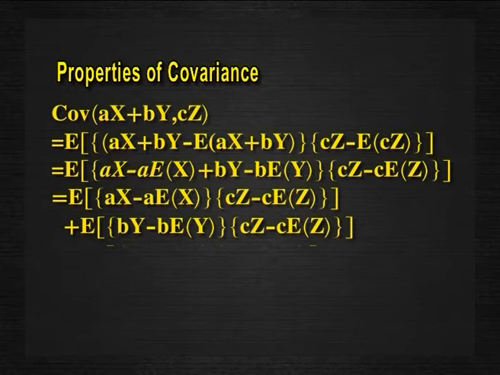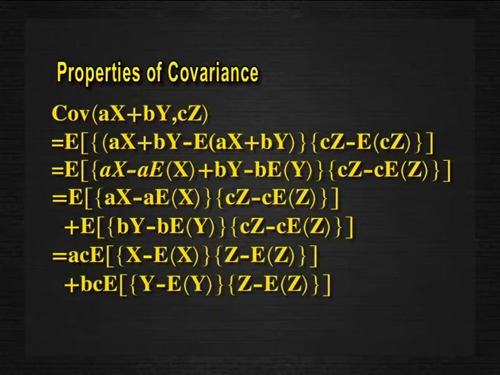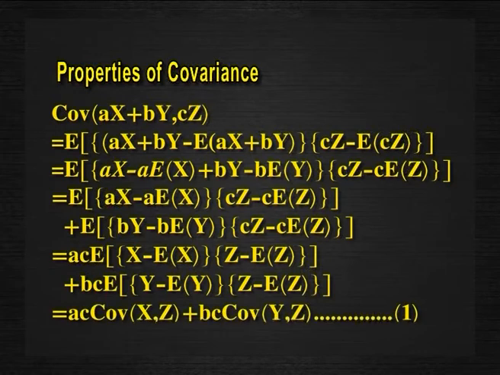By taking constant terms a and b outside, we get a into c into expectation of (X minus E of X) into (Z minus E of Z) plus b into c into expectation of (Y minus E of Y) into (Z minus E of Z), which is equal to a into c into covariance of X, Z plus b into c into covariance of Y, Z.